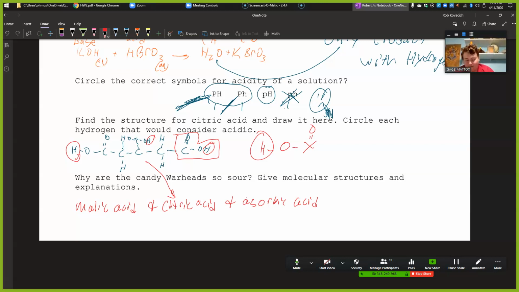So there are 3 acidic hydrogens on citric acid. I think there are 2 on malic, and 1 on ascorbic, or is it 2 on ascorbic? I'm fairly certain it's just one.